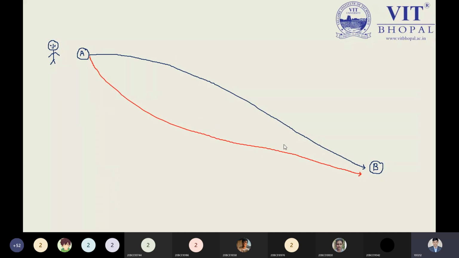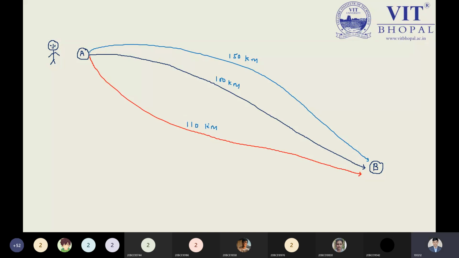This person can also go by another path. Suppose this path covers a distance of 150 kilometers, this may have 100 kilometers, or this may have 110 kilometers.